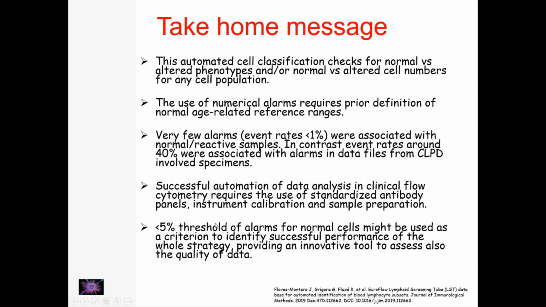Another important feature is that if you find less than 5% of alarms for normal cells, this might be used as a criterion to identify successful performance of the whole strategy, and you have an external evaluation inside your sample, because you are comparing your cells to the reference database, and that reference was created outside in different centers.